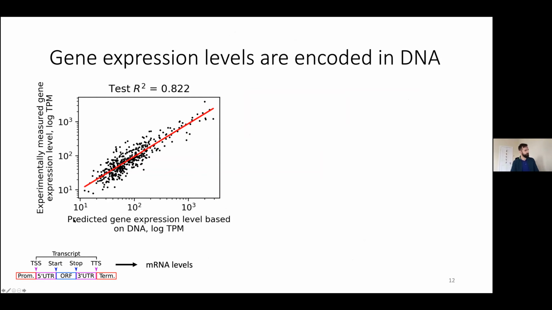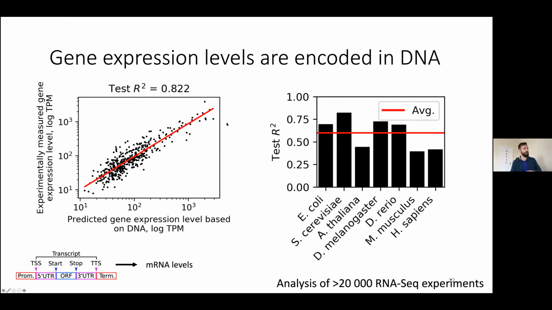So you give purely the sequence on the x-axis through your neural network. It predicts a value, and then you validate that against experimentally measured values of genes. Each dot represents one single gene in Saccharomyces cerevisiae in this case. And this is valid for other organisms, we also tested.